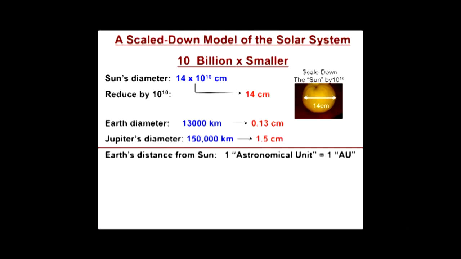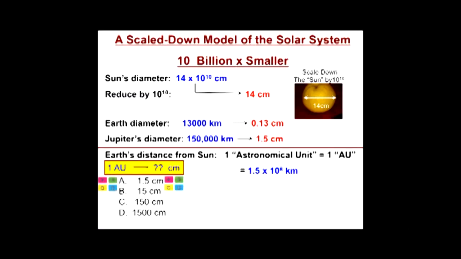What about 1 AU? 1 AU is this large distance, 1.5 times 10 to the 8 kilometers. When you scale that down by 10 to the 10, how big does it come out to be? You want to think about it for a moment? Let me give you 10 or 20 seconds. How far apart should I place the Earth relative to the sun?